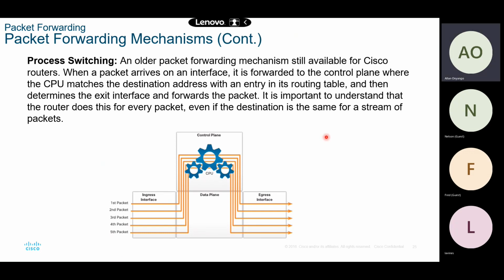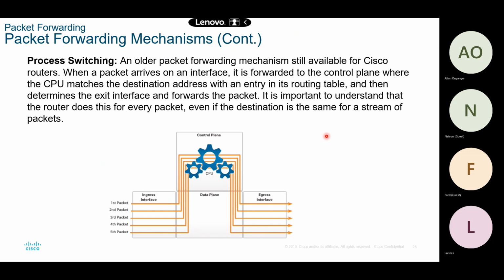So let's start with process switching. In process switching, it's a bit of a slow method, because whenever a packet arrives on a router interface, the packet has to be processed by the CPU, which is our control plane. And if it matches the destination address within the route table, then the router has to determine the next interface to forward that packet.